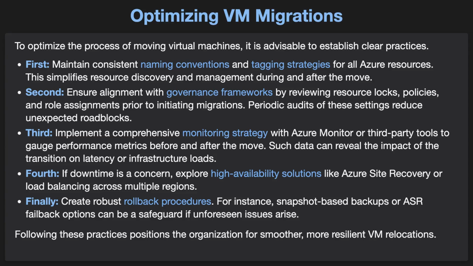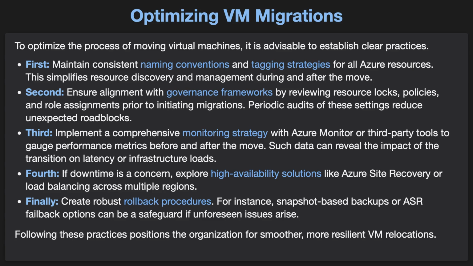To optimize the process of moving virtual machines, it is advisable to establish clear practices. First, maintain consistent naming conventions and tagging strategies for all Azure resources. This simplifies resource discovery and management during and after the move.